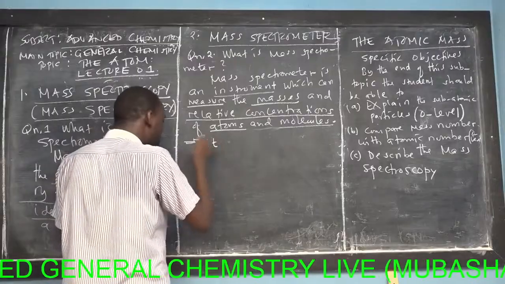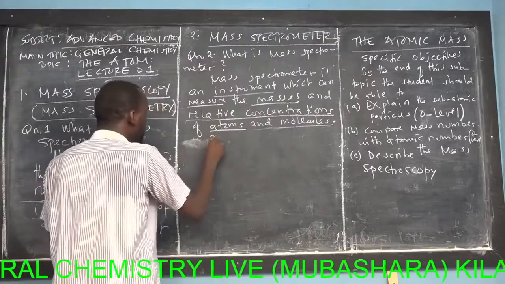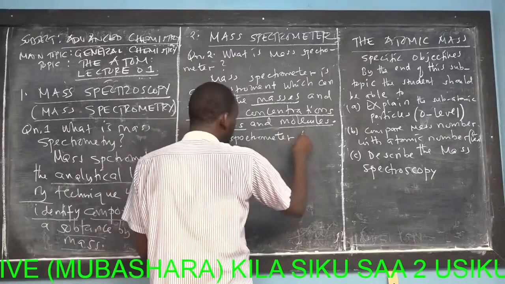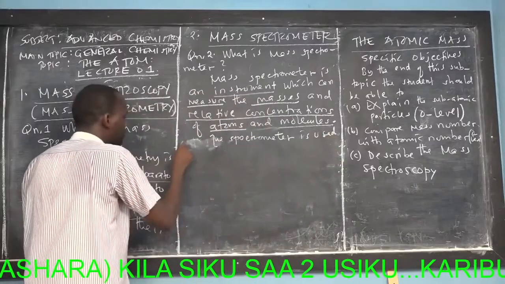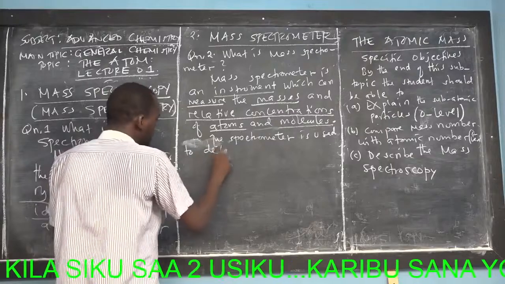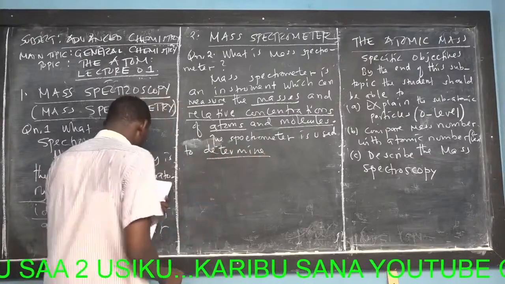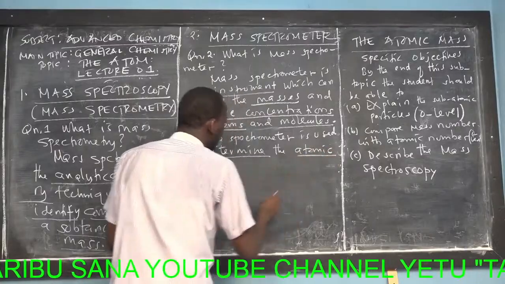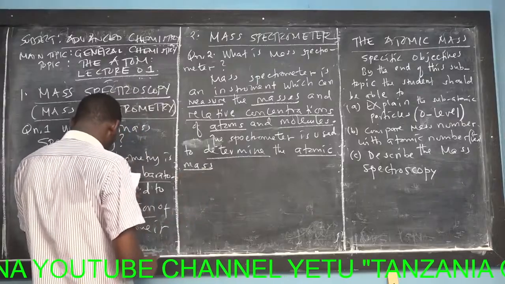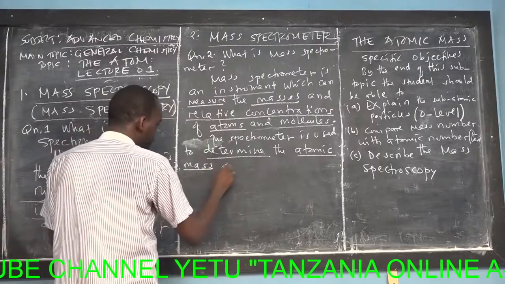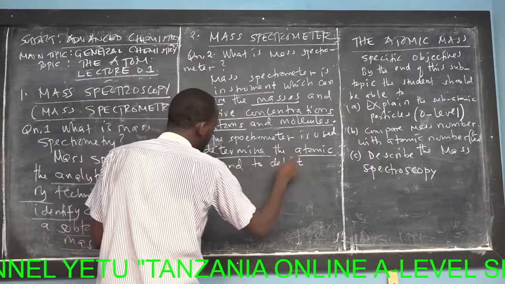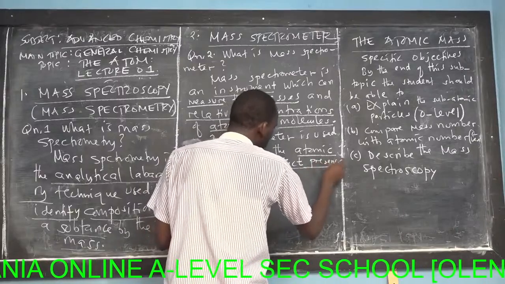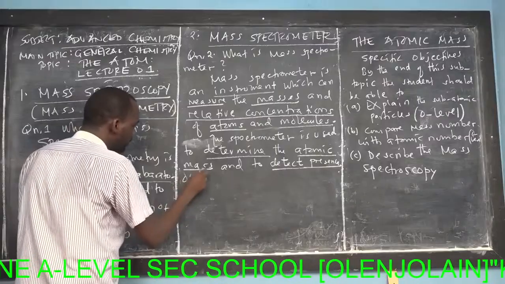And then we say that the mass spectrometer is used to determine the atomic mass, and to detect the presence of isotopes.